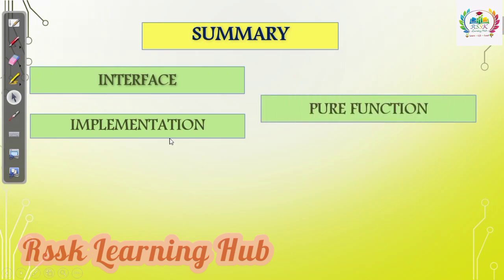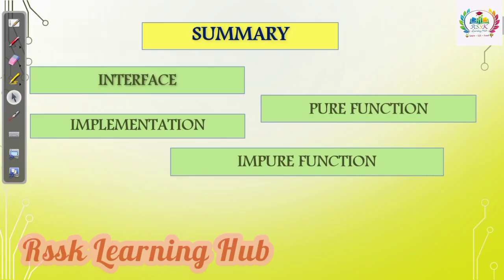Now coming to pure function, what is a pure function? It gives the exact result when the same arguments are passed. It does not have any side effect. Then what is an impure function? An impure function may cause side effects. The variable used inside the function may get changed.